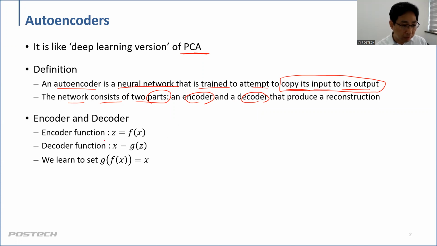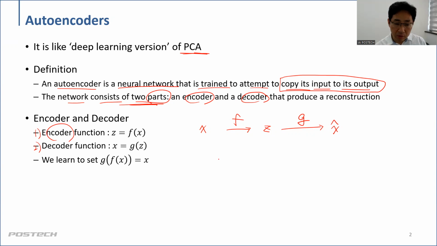So there are two parts. The first one is the encoder, the second part is the decoder. Starting from X to Z, there will be some kind of function, and from Z to X, probably X hat, there will be another function. In this case, it's going to be the decoder.